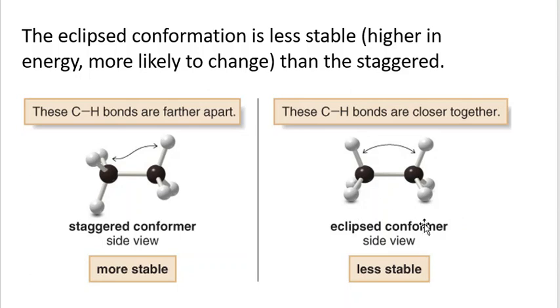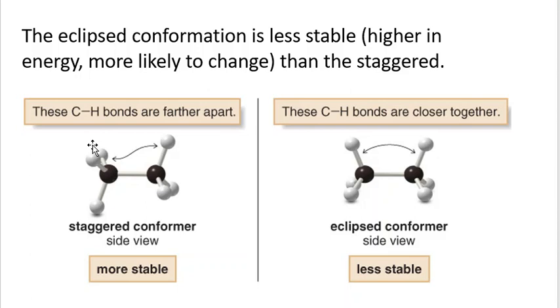And what makes those different is probably two things. One, in the staggered conformer, the electron clouds for the carbon-hydrogen bonds are as far apart as possible. And there's also probably orbital overlap between the bonding orbital of the CH bond on the right side and the anti-bonding orbital, which you can't see, on the left side.